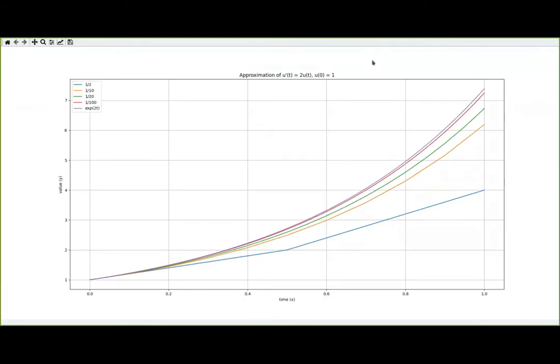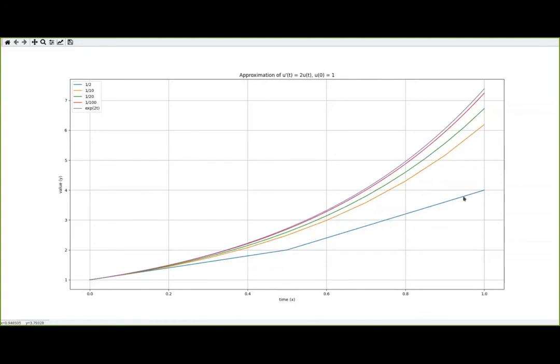What you see here are different approximations of the true solution of the differential equation u prime of t equal 2 times u of t, with initial condition u at 0 equal 1. At the top here you see the true solution, or at least an approximation of the true solution, the exponential of 2 times t. And you see approximations obtained by the Euler method with different step sizes, such as h equal 1/2, h equal 1/10, h equal 1/20, and h equal 1/100.